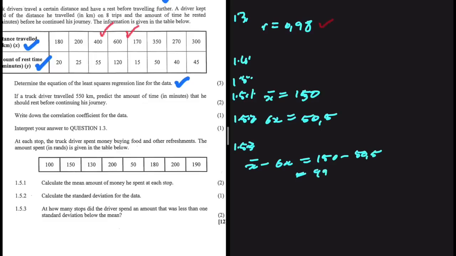I get 99.5. 1 standard deviation below the mean. Okay. So anything less than 99.5. I think it is only 50, which is 1 standard deviation below the mean. So at how many stops? At 1 stop, at only 1 stop. Okay, that's where the amount spent was 1 standard deviation below the mean.